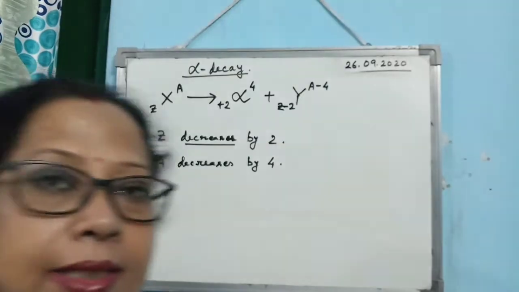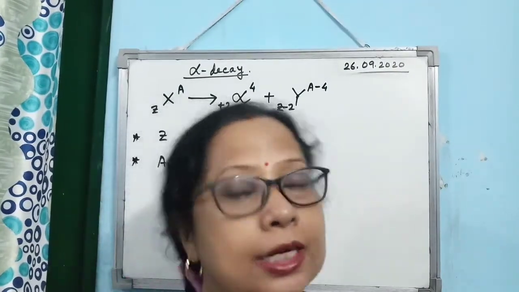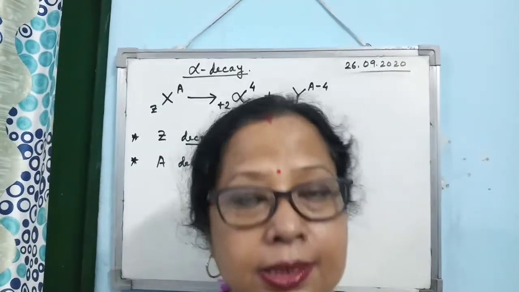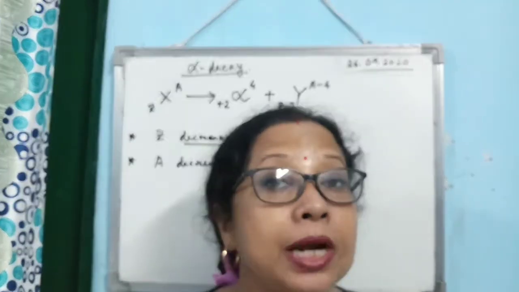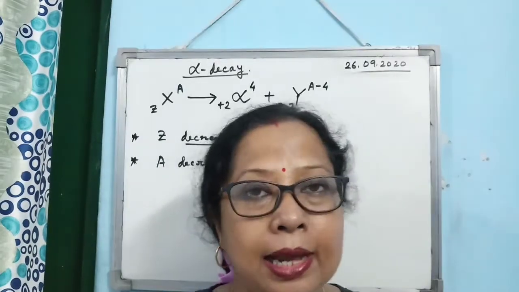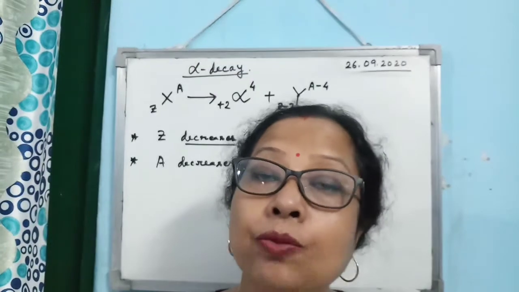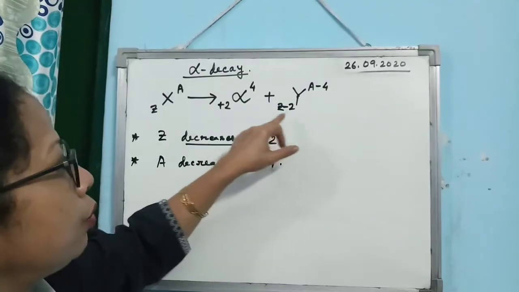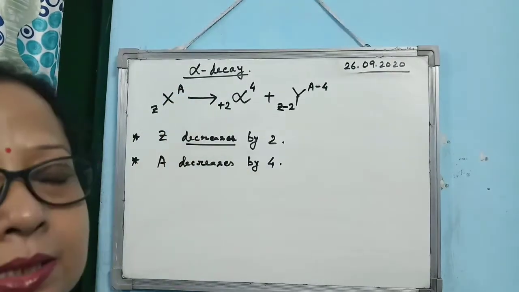Now I will teach you another very important point related to any nuclear reaction. All of you know how to balance a chemical reaction. In a chemical reaction, you make the number of atoms of every substance equal on the left side and right side. In a nuclear reaction, we balance by means of the atomic number and mass number.